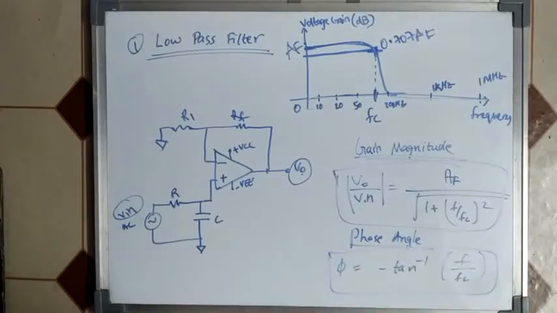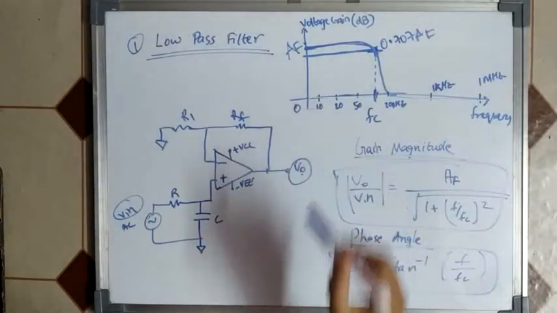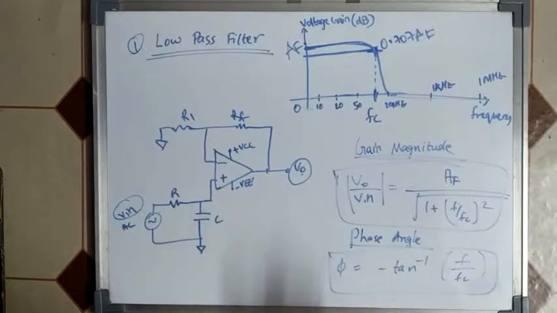These are the important points. So we have completed the gain magnitude, we have calculated the phase angle, we have seen the frequency response of the low pass filter and the circuit of the low pass filter. Thank you for today.